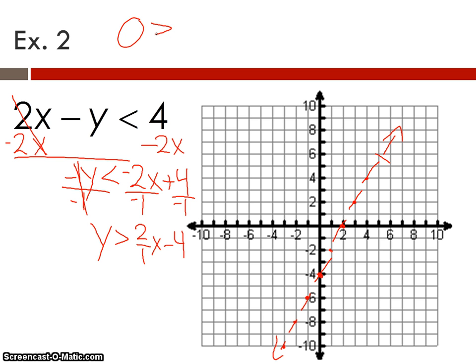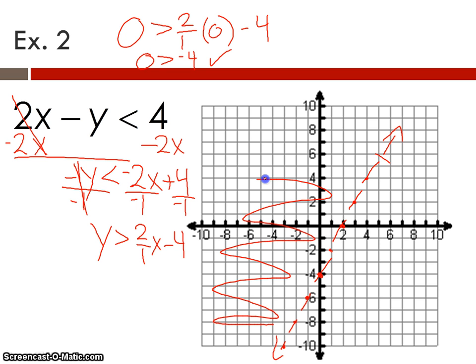So I have 0 is greater than 2 over 1 times 0 minus 4. And I can see 2 times 0 is 0, minus 4 is -4. So I have 0 is greater than -4. That is a true statement. So I do shade the region that is right here.